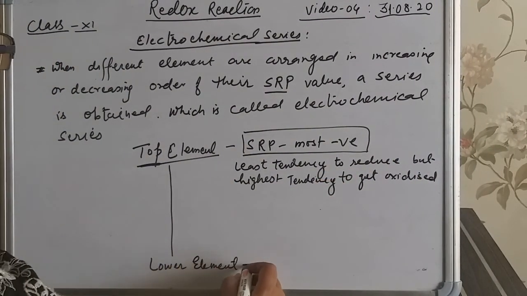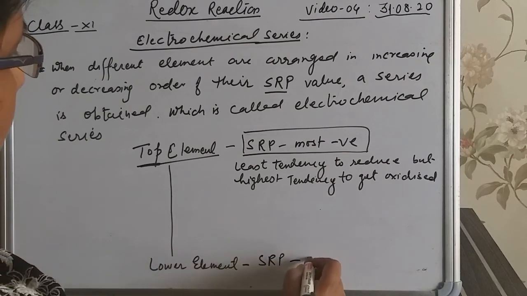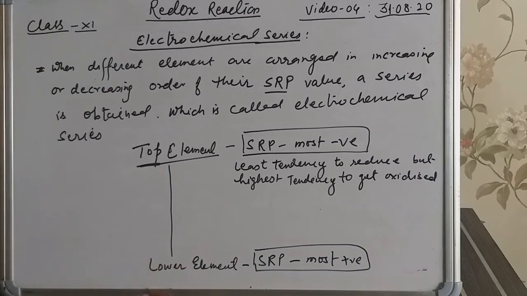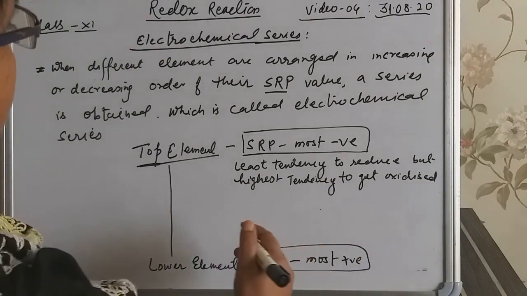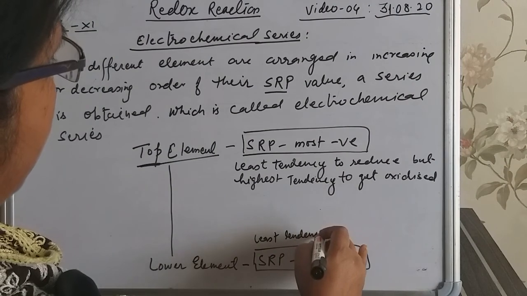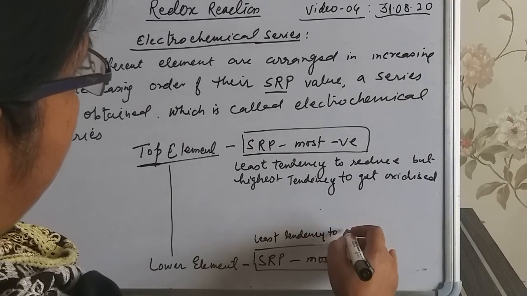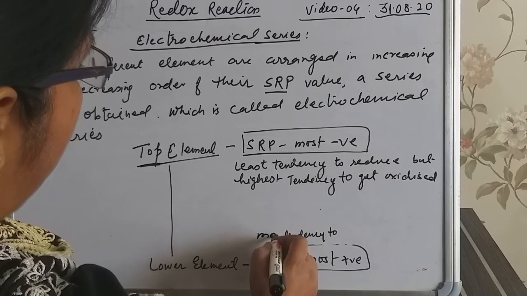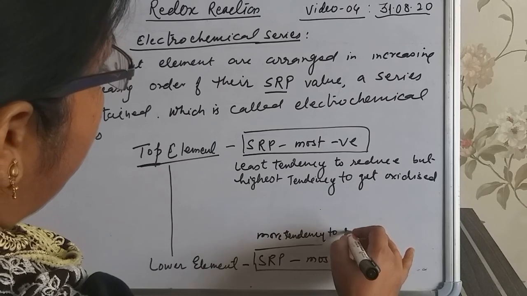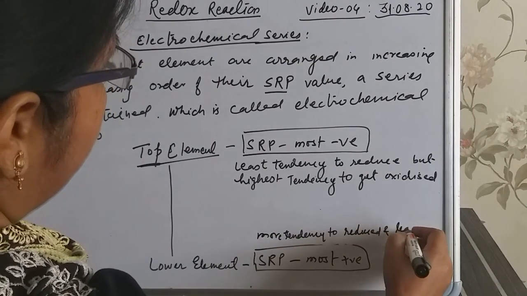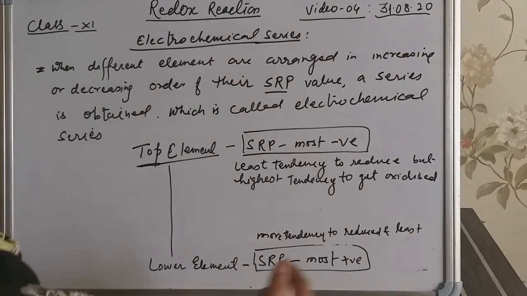In the case of lower elements, their SRP is most positive, meaning more tendency to get reduced and least tendency to get oxidized.